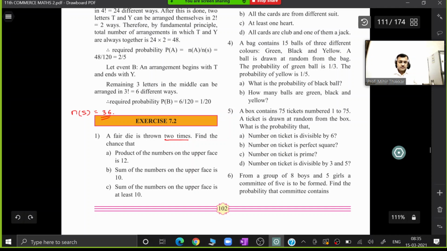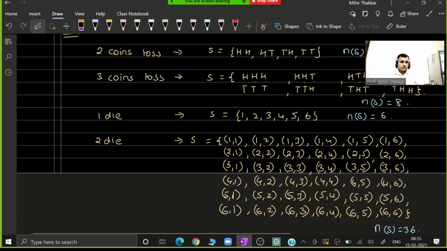The next event B: the sum of the numbers on the upper face is 10. So the possible outcomes that will be satisfying over here are 4, 6, 5, 5, and 6, 4. So there are 3 possible outcomes which are satisfying this condition, and therefore I will consider my event B to be satisfied by these 3 elements.